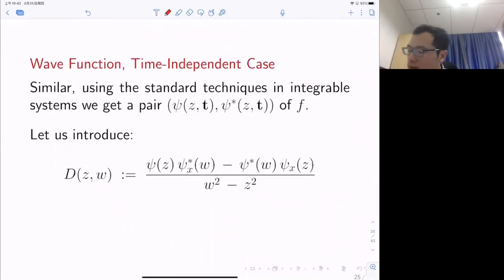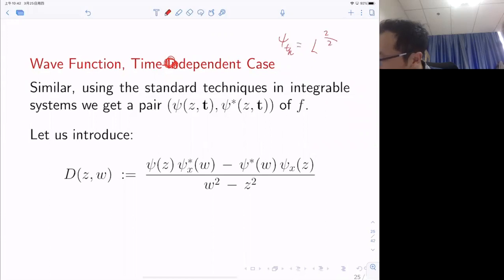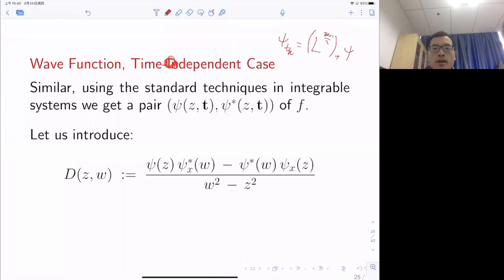Excuse me, here is the time dependent case. For the time dependent case, the wave function also evolves with time, which is given by psi t_k equals L to the power 2k plus 1 psi.